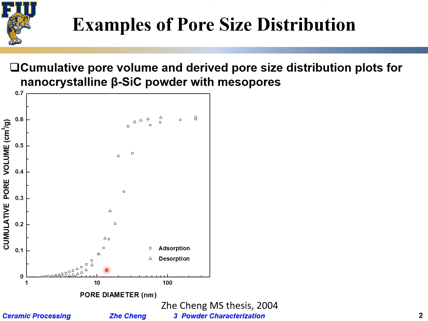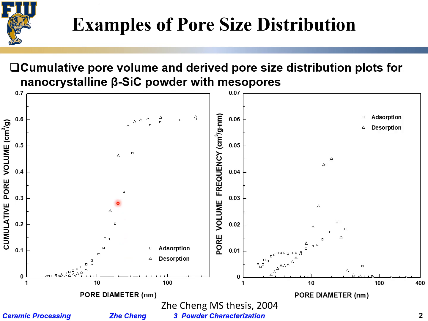And then for this plot, if we are going to do a differential, where will the peak be mathematically? If we do the differential of the cumulative pore volume VC, dVC over dR, where would the peak be? The highest slope, somewhere here, right?